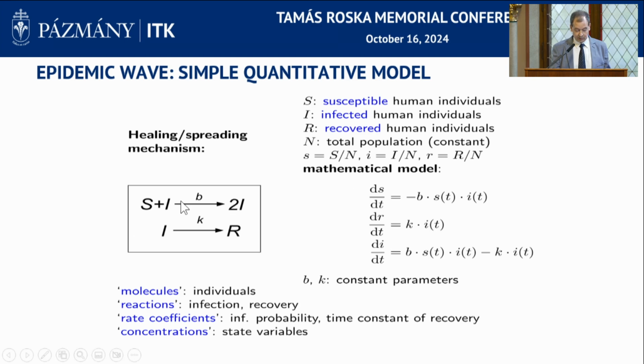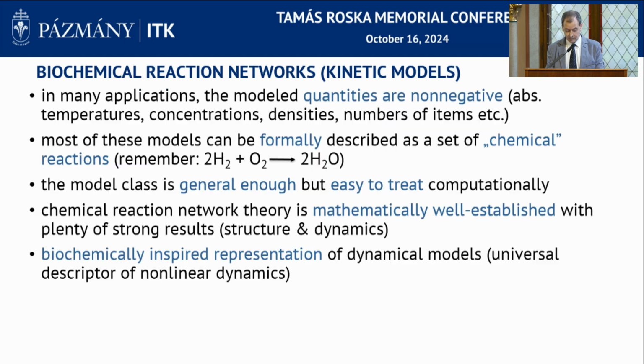So this first reaction shows that when a susceptible and an infected meets, with some probability the susceptible will get infected and we gain two infected. So this is a second order reaction. And the healing process is a first order reaction, which means that after some time the infected will recover. And this is not a chemical process, this is a population dynamical model formally described by a set of chemical reactions.